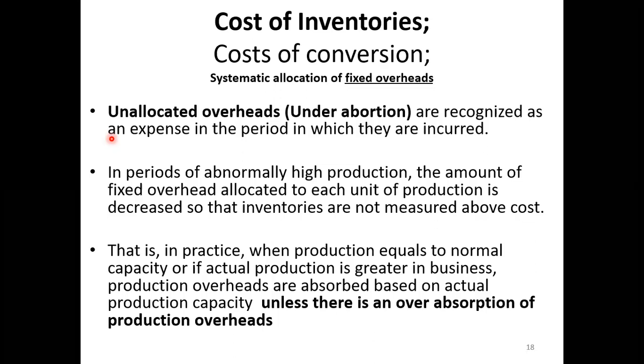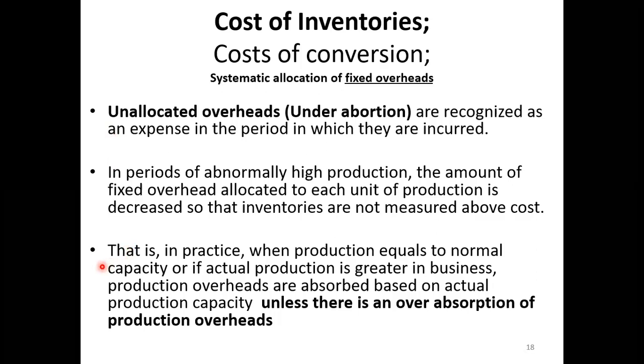Now when we calculate the fixed cost of a print, the fixed cost of 10,000 is divided by the actual number of units, which is 12,000. That is the fixed cost per print.